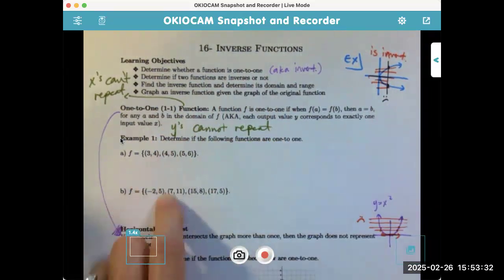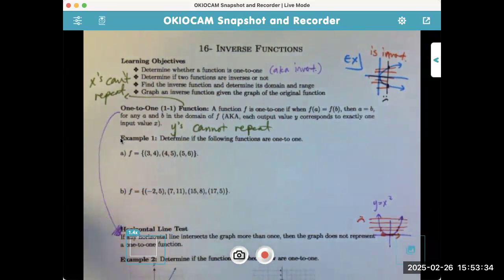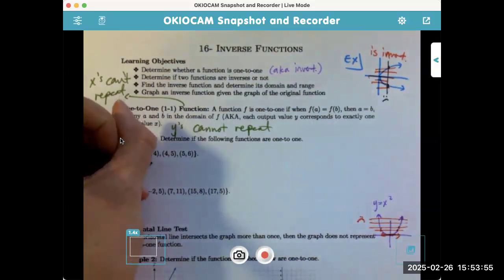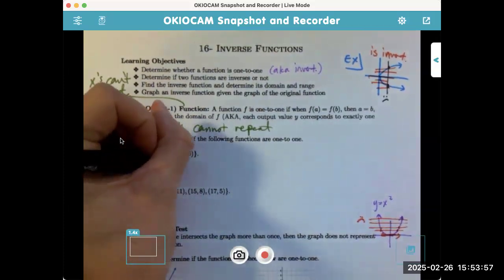So here are two examples. A: f is made up of (3, 4), (4, 5), and (5, 6). So if functions are one-to-one, we need to verify that one, x's do not repeat, right?